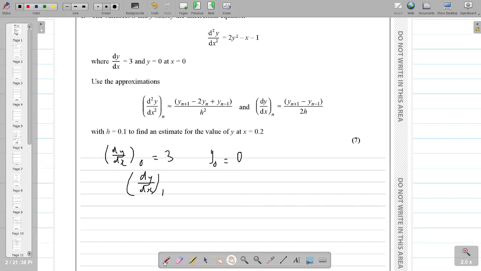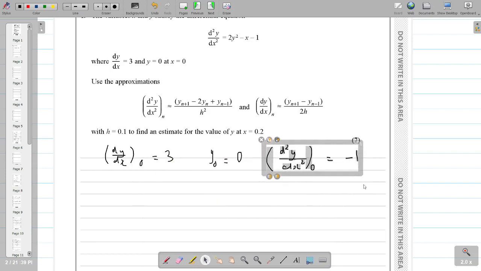So, okay, if we can actually infer what d2y dx squared of 0 is, because d2y dx squared of 0 is basically when x is equal to 0. Right, so when x is equal to 0, y is equal to 0. So we're going to get negative 1. That's what we infer, because that's going to be 2 times 0 minus 1, which is just negative 1. So we have an extra piece of information right here from the differential equation.